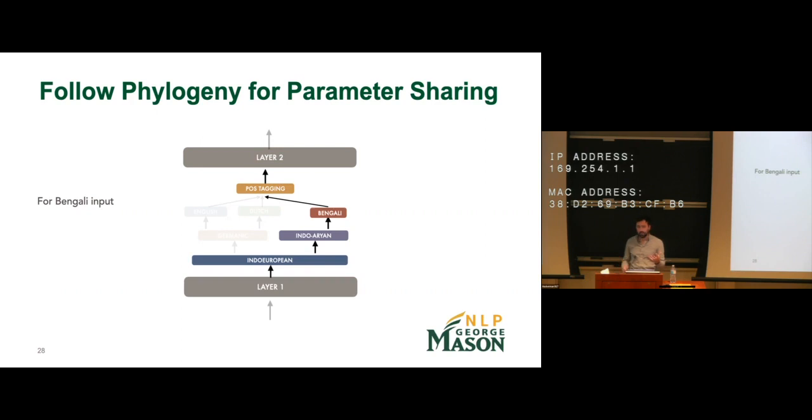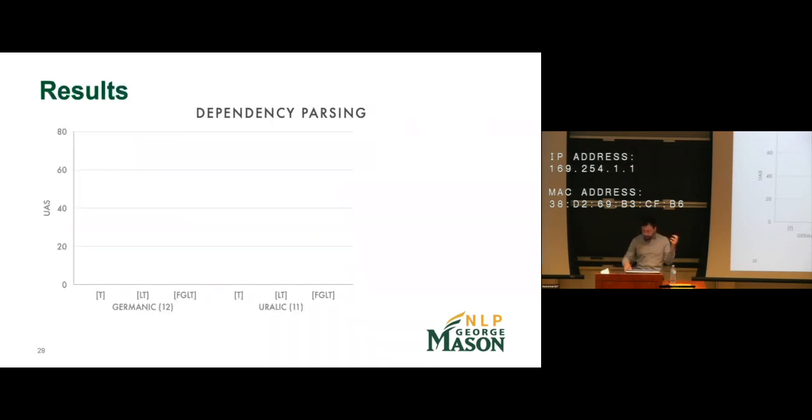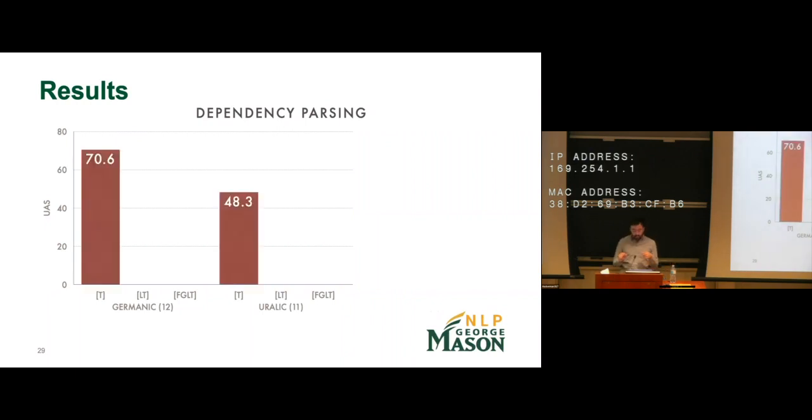So I'll just go straight to the results. Here we did a bunch of tasks in the paper, but I'll just show you dependency parsing results. If you only use essentially a task adapter, equivalent to just learning the task in a zero-shot setting, say by training in English, then you'll get these numbers across, let's say, 12 Germanic languages.